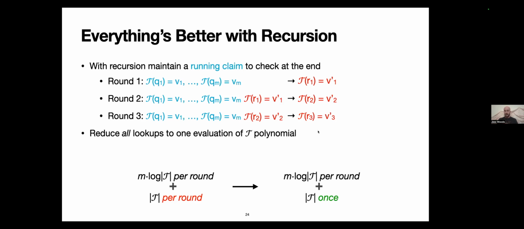This allows us to reduce all lookups over our whole recursive proof system to a single polynomial evaluation, which is very cool. It means that as the number of lookups increases, the cost per lookup decreases. And B, it allows us to move this final T evaluation outside the proof system. Now our circuit can just be parameterized by this M log T reduction, and the verifier checks that once, and then T is moved outside the proof system.